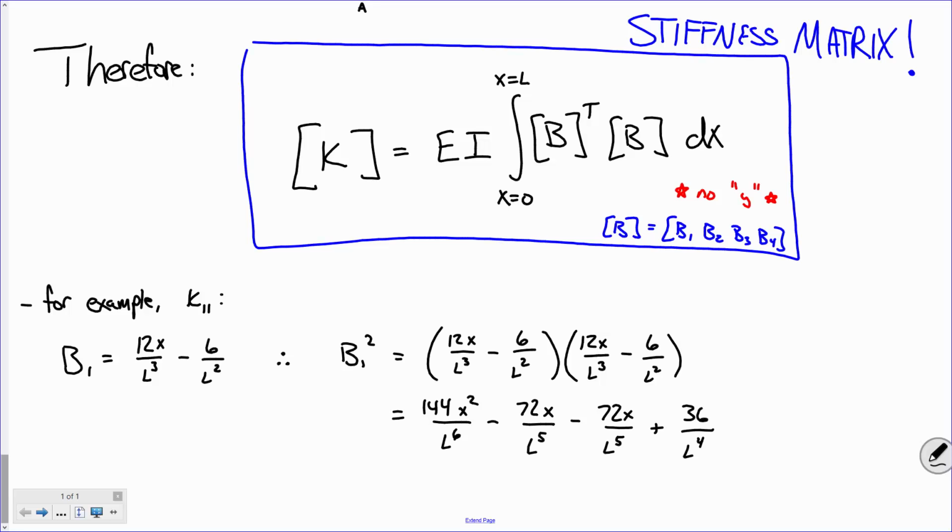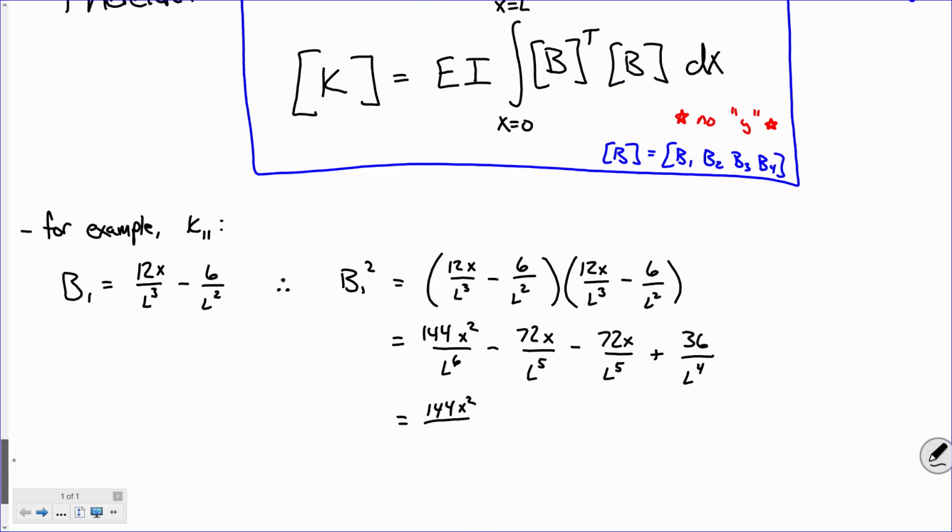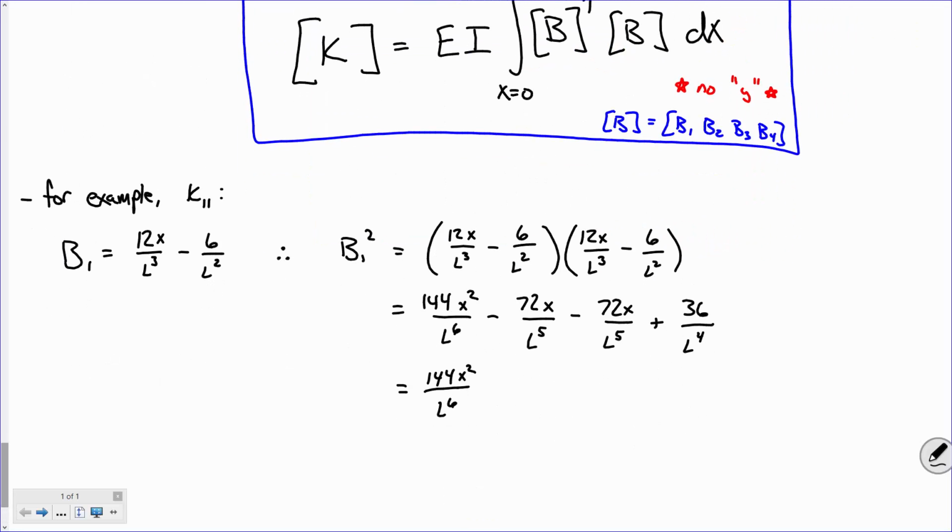Did I do that right? Okay. So that equals 144 x squared. Here, I'm going to extend that. Everybody okay with this? So I'm then going to take this term and integrate it from 0 to L.